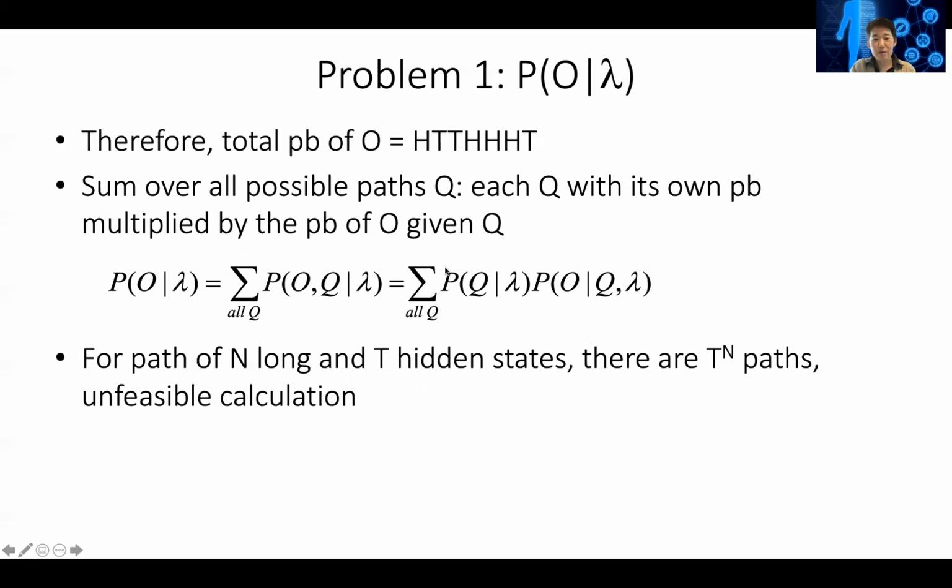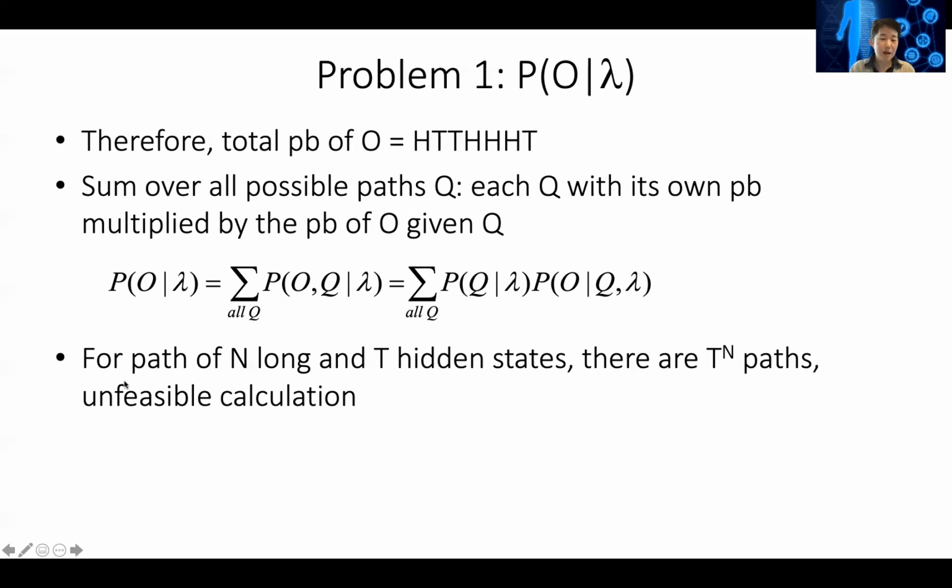So you can see it written as this: the probability of a particular path given the hidden Markov model parameter, and with that particular path, what is the probability that this path will give out this particular coin flip? But you have to sum over all the possible paths, right?